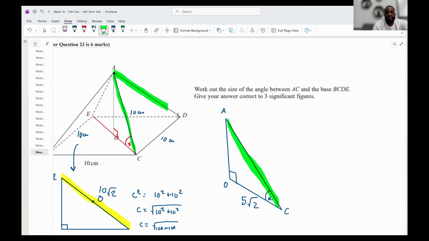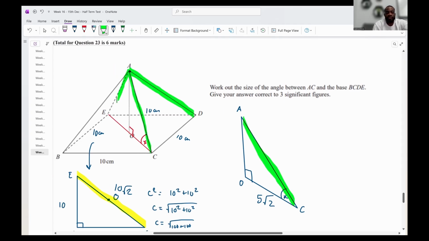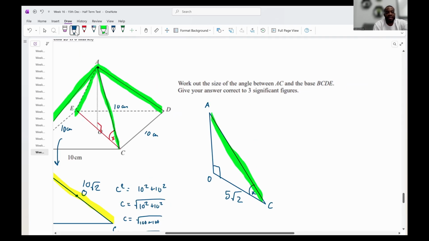It's the same as AD, which is the same as this one, like that, and it's the same as that one. These are all the same length, aren't they? How is that helpful? Remember, this length here from hair to hair, we've just figured out that's 13, right? Now remember, this is going to be perpendicular to this base here because this is the height, isn't it?